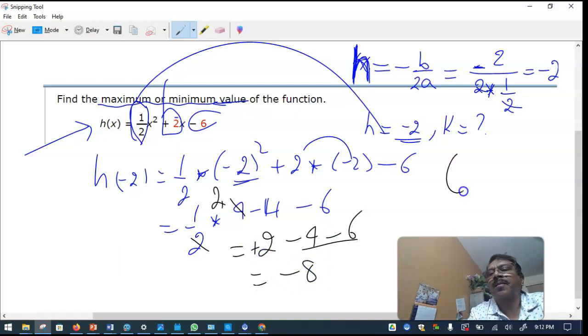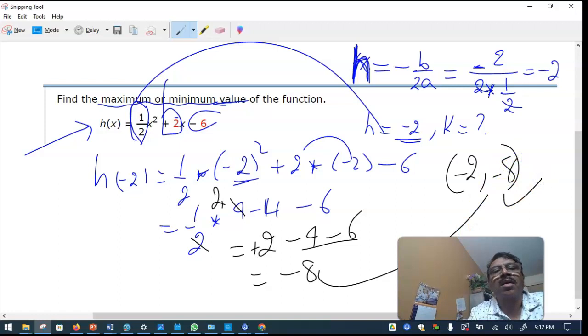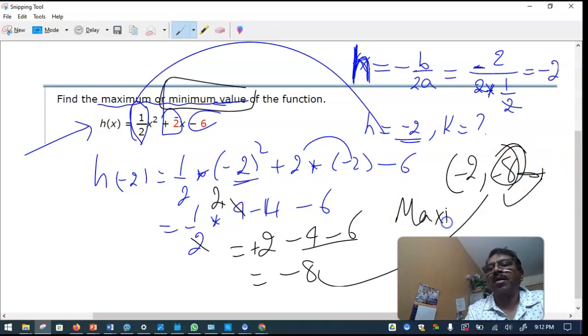So h is minus 2 and k is minus 8, and you're done. That's all. So the question is, what is the maximum value? It is minus 8. This is the vertex, but the maximum value is minus 8.